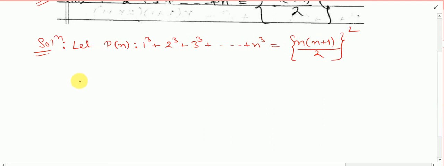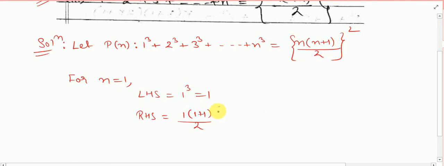Now we have to show that this is true for n equal to 1. So we'll write for n equal to 1, left hand side will be 1 cube, that is 1, and right hand side will be (1 plus 1 upon 2) whole square.